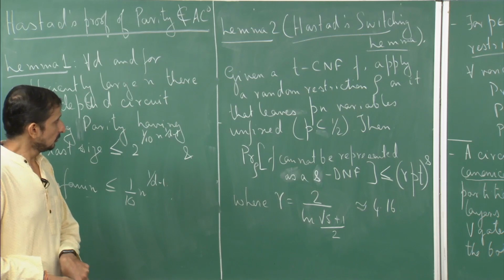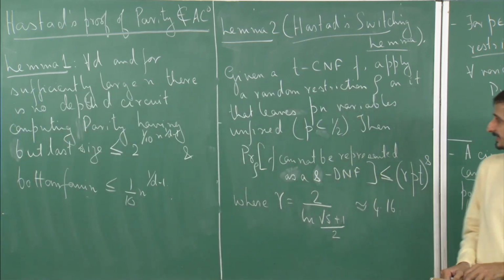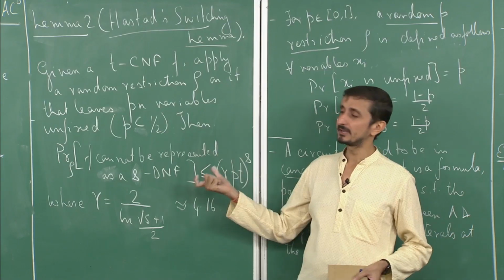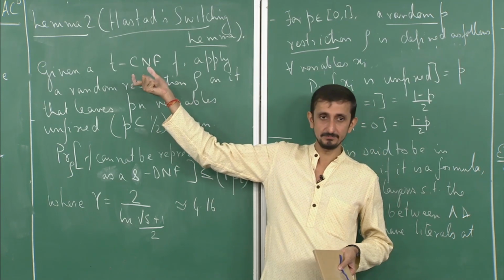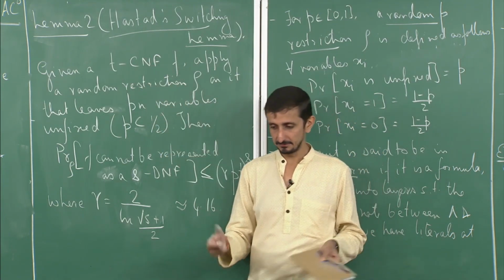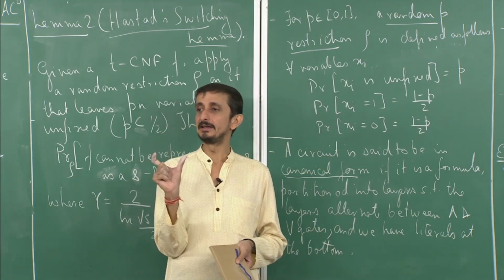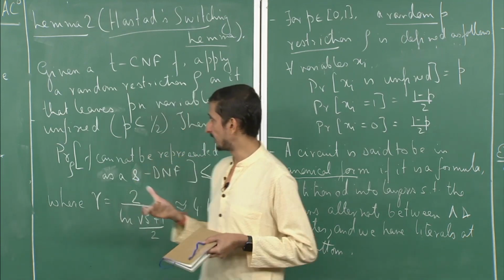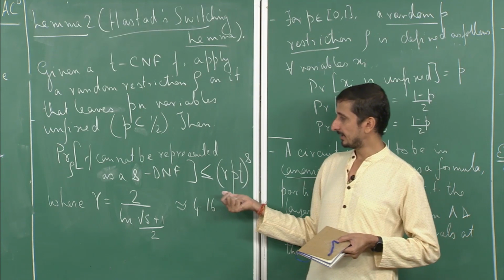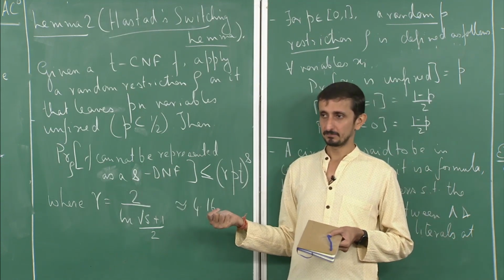Let us try to understand what this switching lemma is saying. If I have a function which is representable as a t-CNF, so basically the function can be written in CNF form where each clause has at most t literals, so it has a small representation, then with high probability it can be represented as an s-DNF.